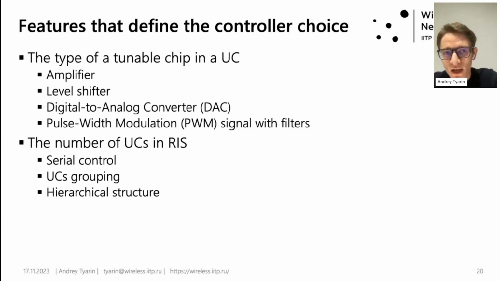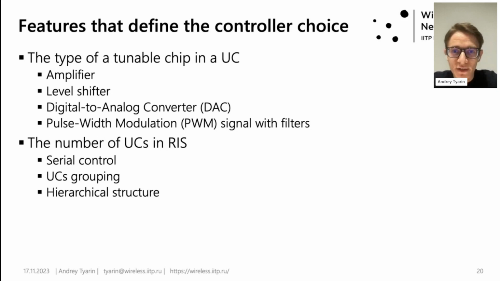In contrast to pin diodes, UCs with varactors require analog or digital outputs together with amplifiers, level shifters, digital to analog converters, or pulse width modulation with filters.